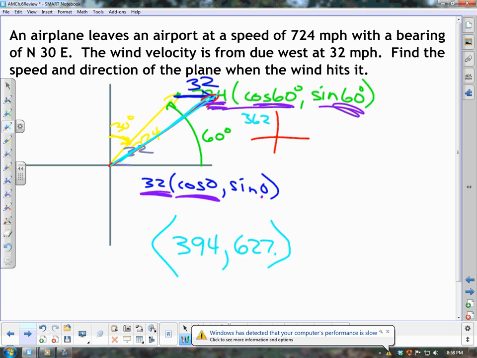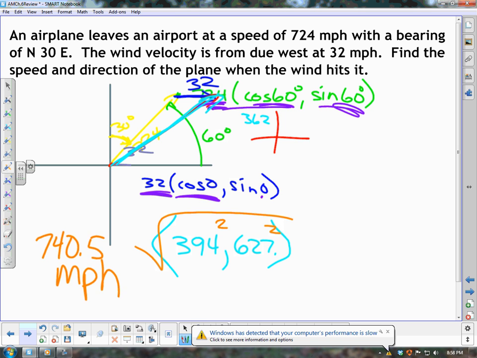That is that vector there. Now, to find the height, or the magnitude, square those two things and take the square root. And you will get 740.5 miles per hour would be the magnitude or the speed of the plane.